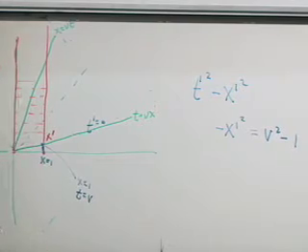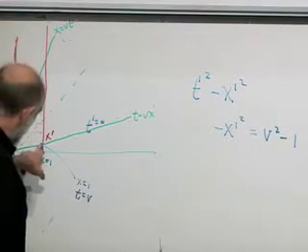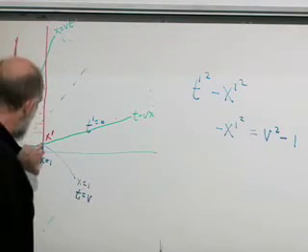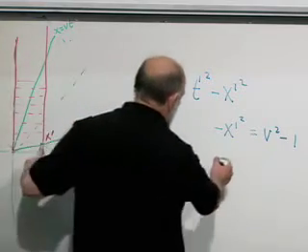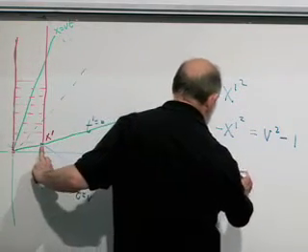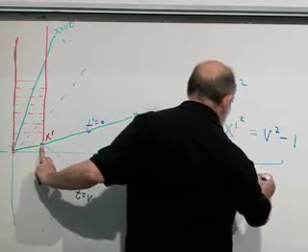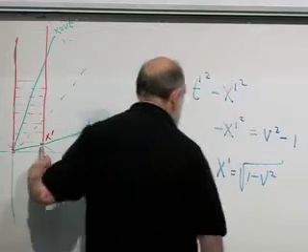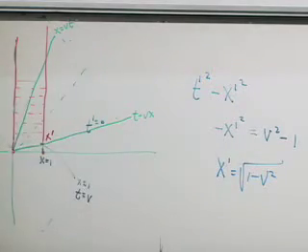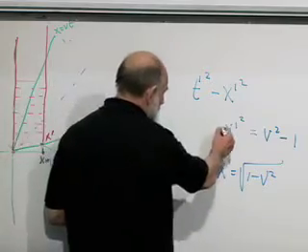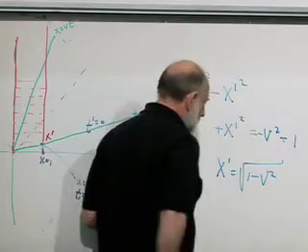So what do we find out? We discover that the primed space coordinate of this point over here, x prime, is equal to the square root of 1 minus v squared. I've just changed the sign and taken the square root.